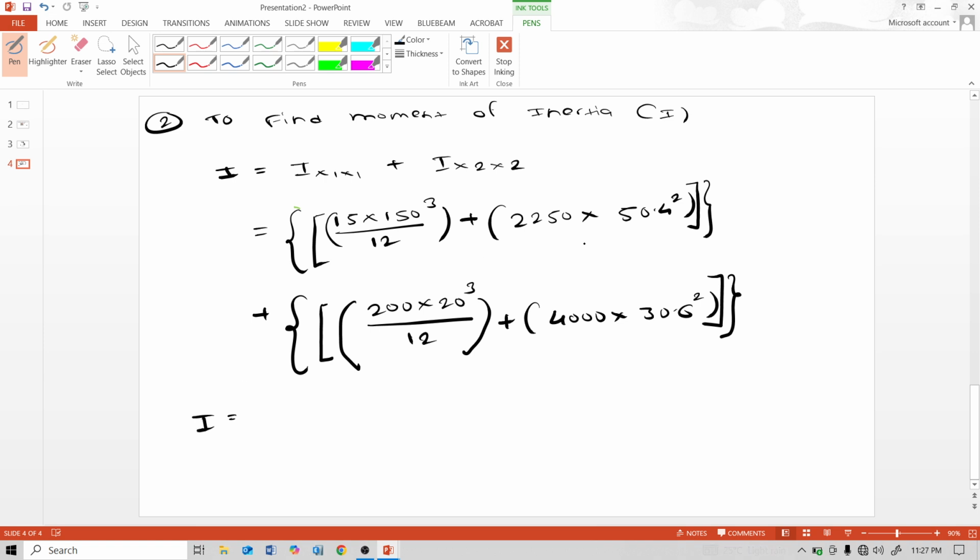Solving this first curly bracket, 2250 multiplied by 50.4 square plus 15 into 150 cube divided by 12 is 9.93 into 10 raised to 6.